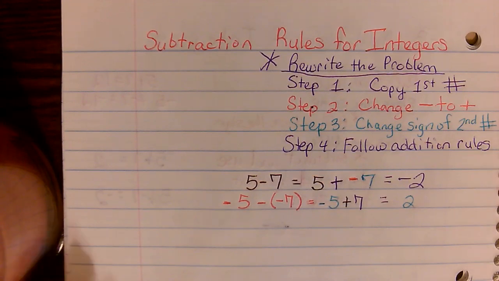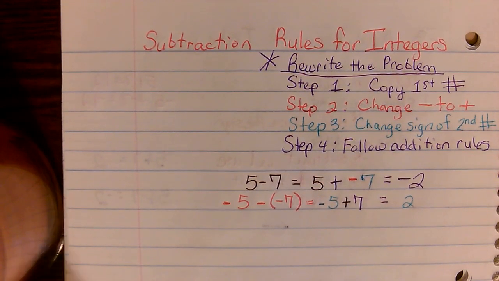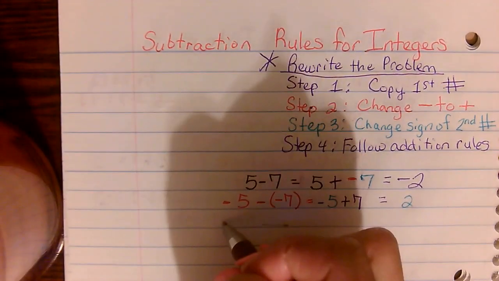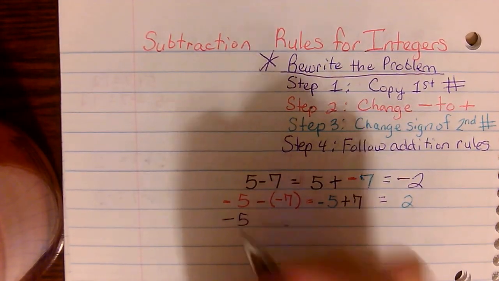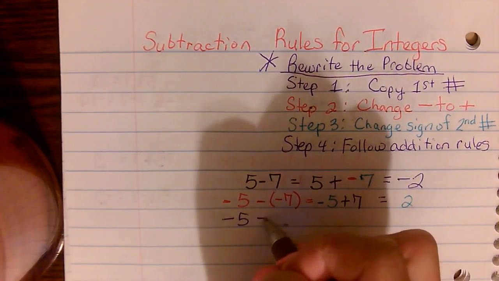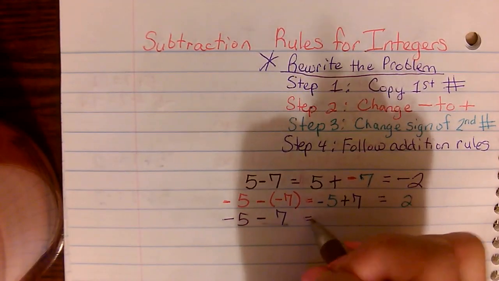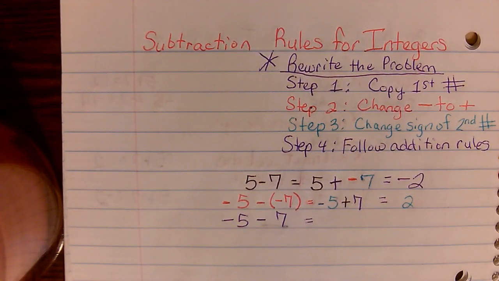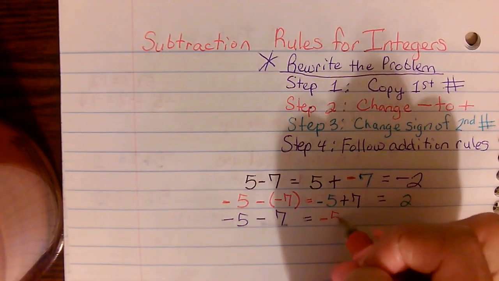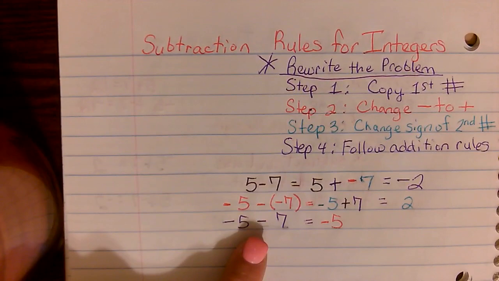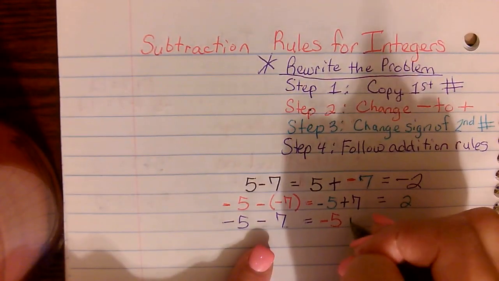Now let's rewrite these again with different values. This time I'm going to rewrite negative 5, subtract 7. Negative 5 subtract 7 equals. Going back to step 1, I rewrite negative 5. Change this subtraction sign to addition. So instead of subtracting 7, it's adding 7.